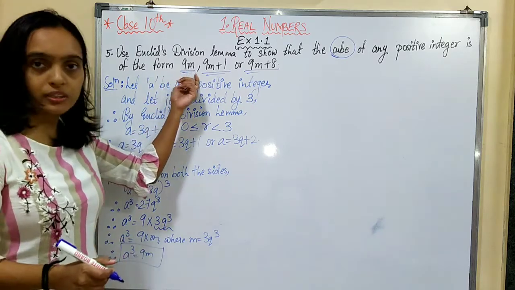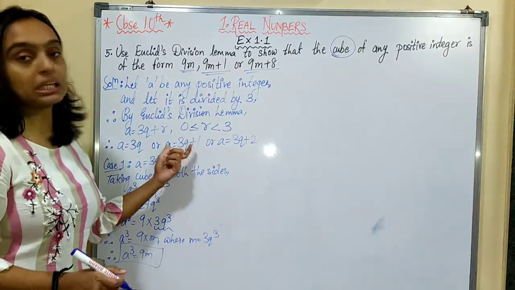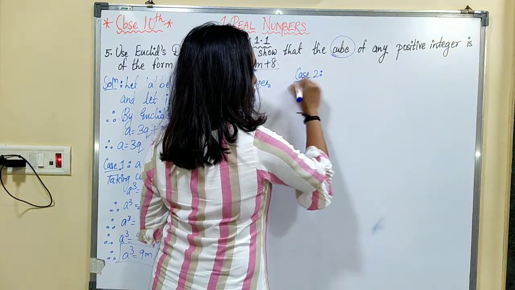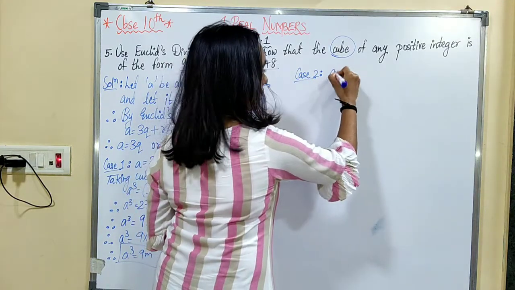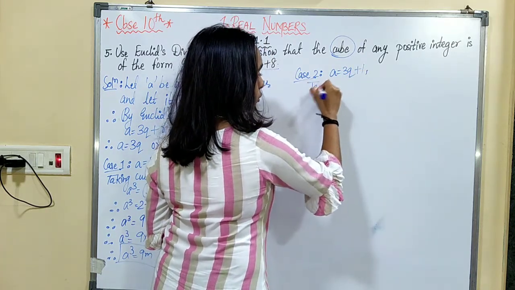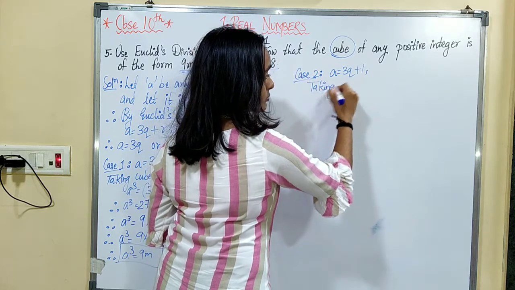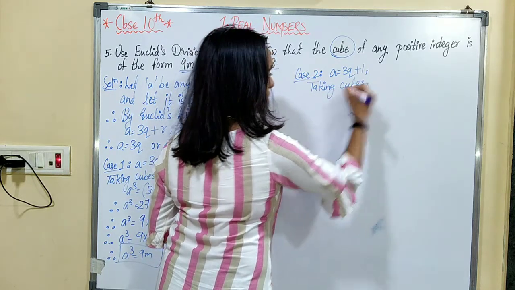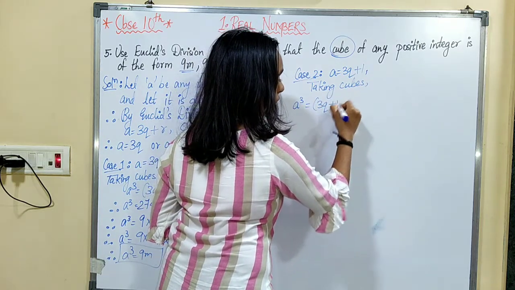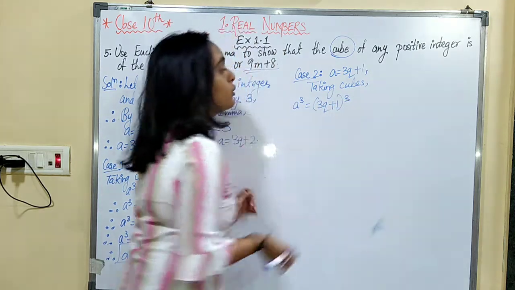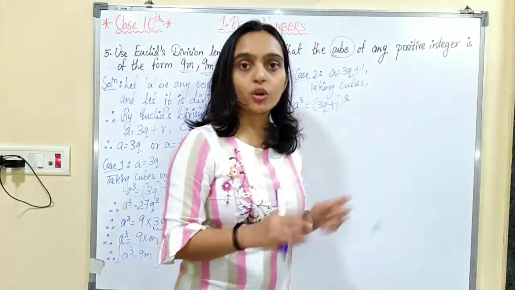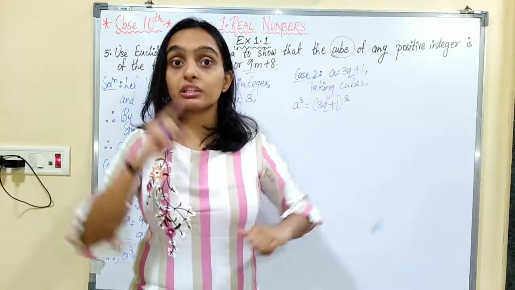The first is satisfied. Now we will take case 2. a equals to 3q plus 1. Taking cubes, what we get? a cube equals to 3q plus 1 the whole cube. Now you have to take the expansion of a plus b the whole cube.